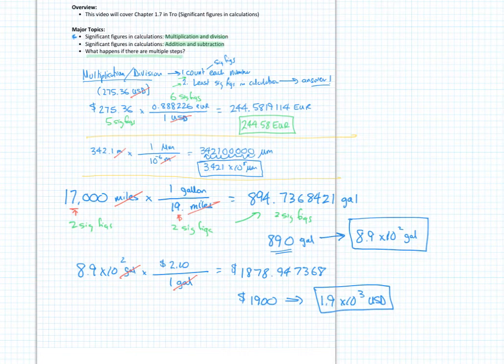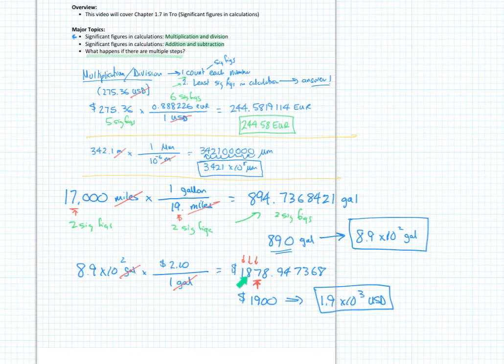Now, this brings up a point which I have not had in any of these other problems, and that is rounding. So when we count this to 3 significant figures, or 2 significant figures, we need to go to the third figure, 1, 2, 3. We need to go to the third decimal, and we need to determine, do we need to round this number or not? And in this case, we have 0.7.